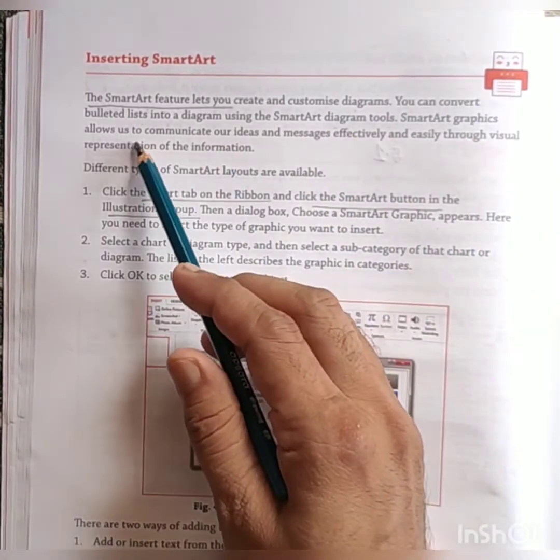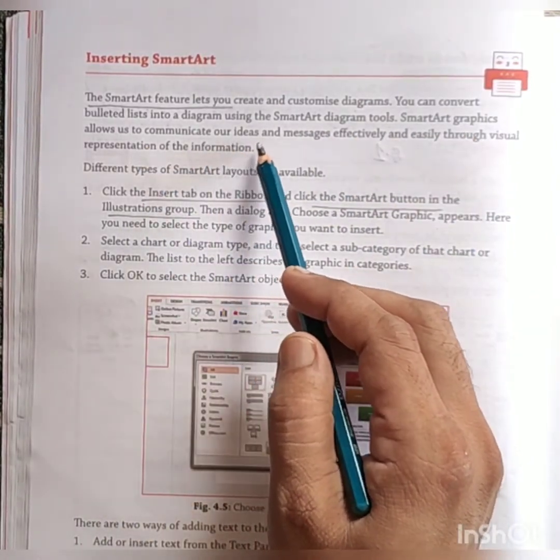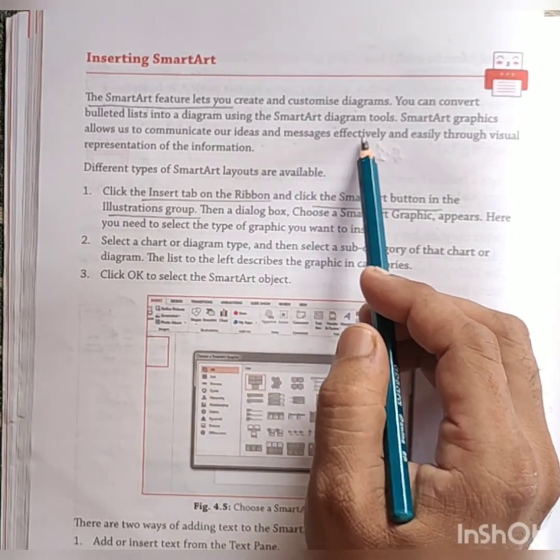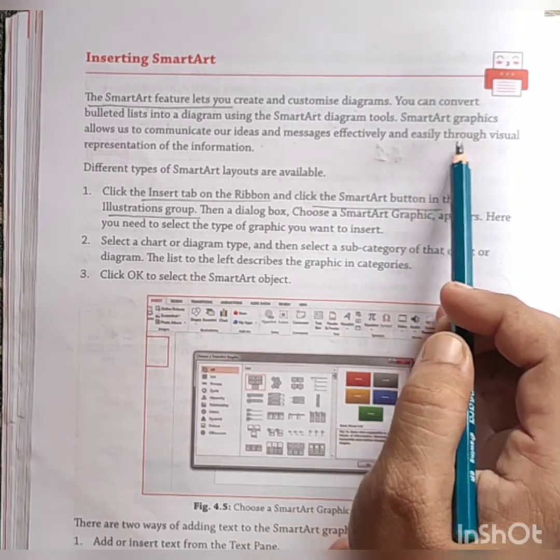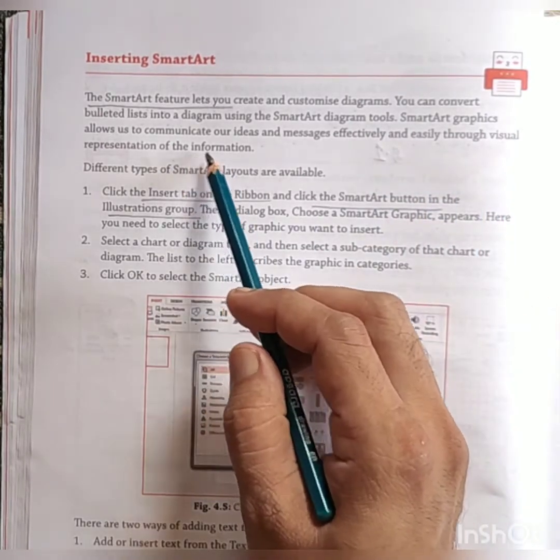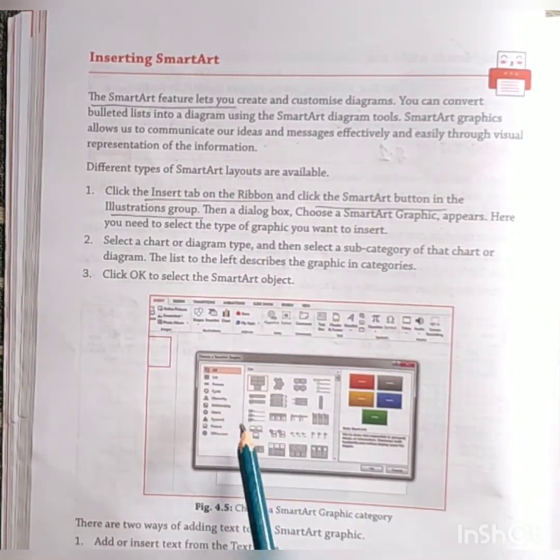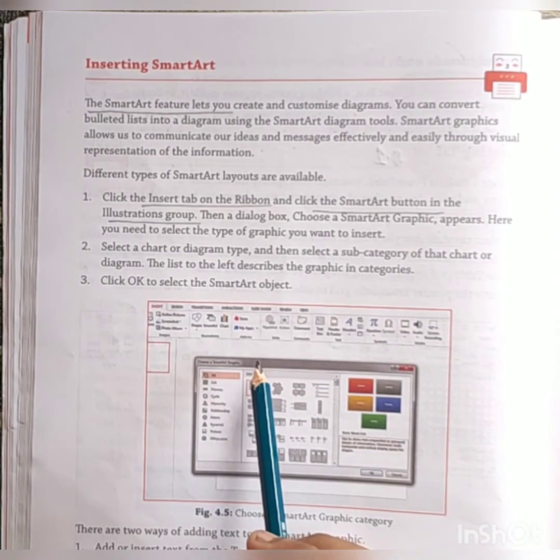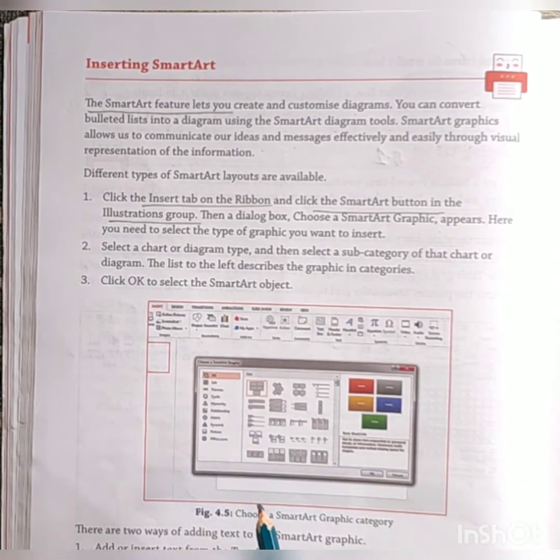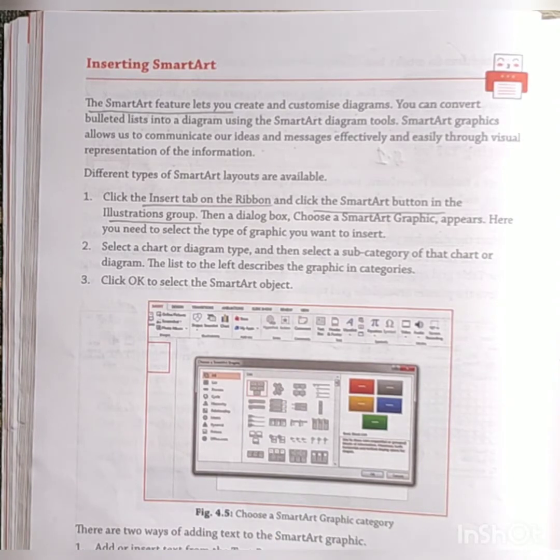SmartArt graphics allow us to communicate our ideas and messages effectively and easily through visual representation of information. So SmartArt is a feature to create and customize diagrams, and we can convert a bulleted list into a diagram using SmartArt tools.